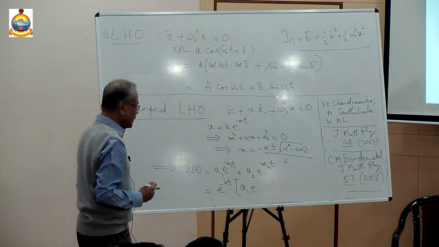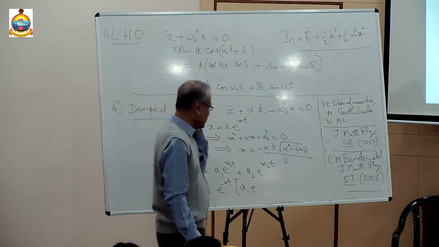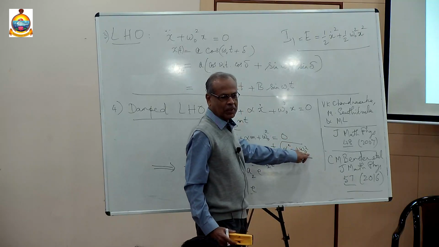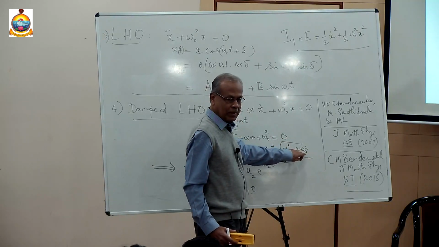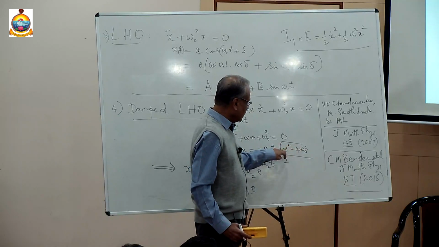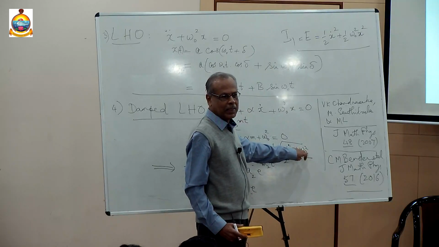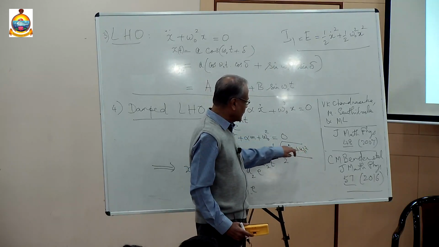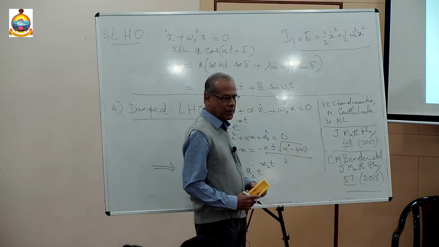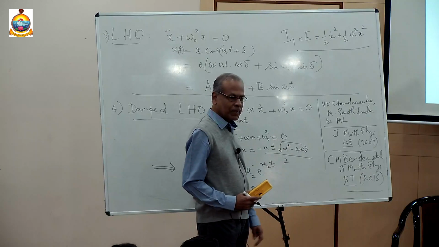Now there are three possibilities. Alpha square greater than 4 omega naught square, that is over damping. Alpha square equal to 4 omega naught square, that is critical damping. And alpha square less than 4 omega naught square, that is under damping. So for alpha square less than 4 omega naught square, what do you get?